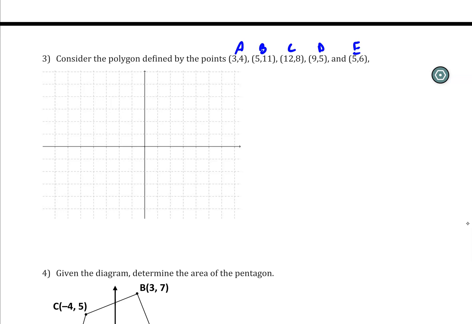I'll sketch them. So let's redraw this here, like so. So that'll be my new X and Y. So 1, 2, 3, 1, 2, 3, 4, 5, 11. C is going to be 12, 8.